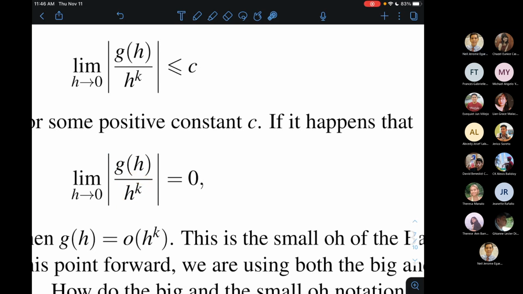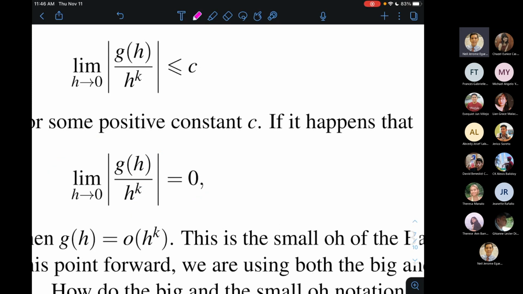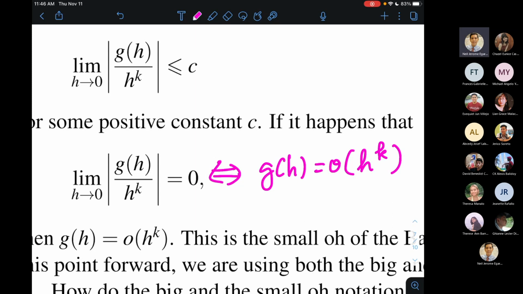All right? And if this happens, we have another Bachmann-Landau notation for this. If this is true, then we say that g of h is a small o of h to the power k. So ang interpretation nito, mas mabilis nagko-converge si g of h to its limit than how h to the k approaches 0.